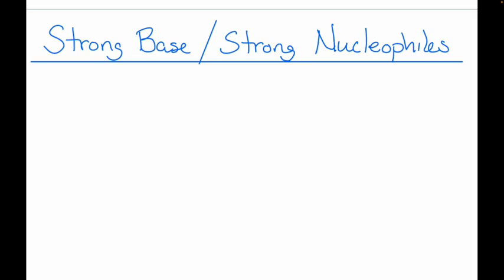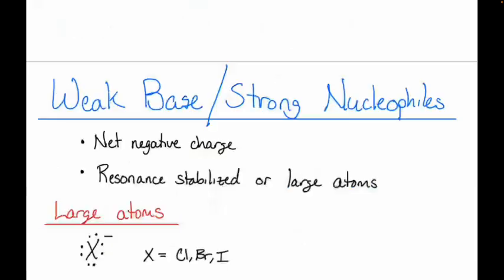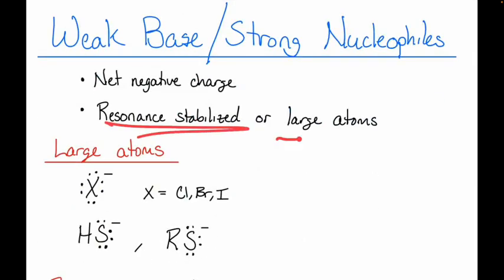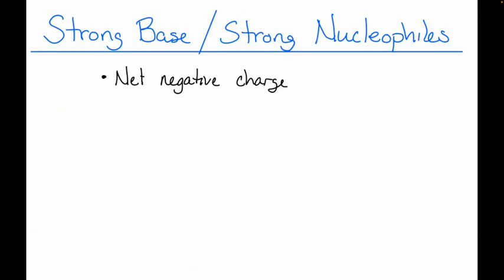That net negative charge. But these molecules can't be nice and stable holding that negative charge, or they would not be bases. So instead of being resonance stabilized or large atoms, these are going to be molecules that aren't resonance stabilized, and they're just these teeny tiny little atoms holding that negative charge. All right, so now we're talking about small atoms holding that net negative charge.